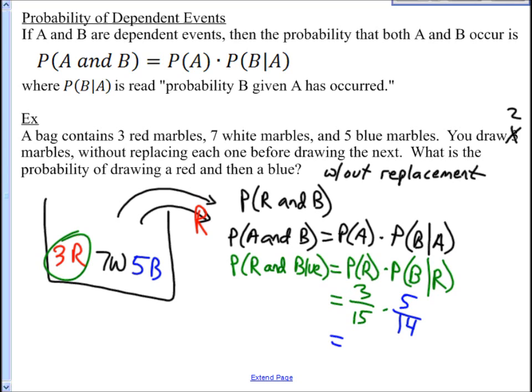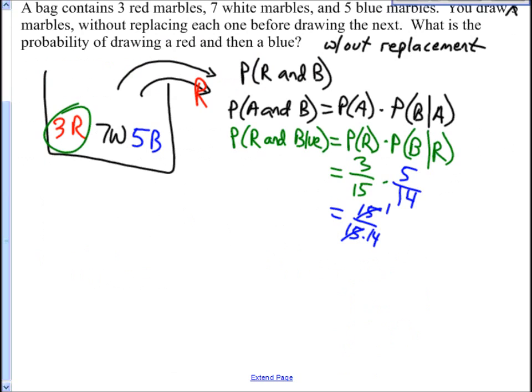So we got 5 over 15 times 14, so 1 in 14 is our probability. The probability that you pull a red and then a blue is 1 in 14.